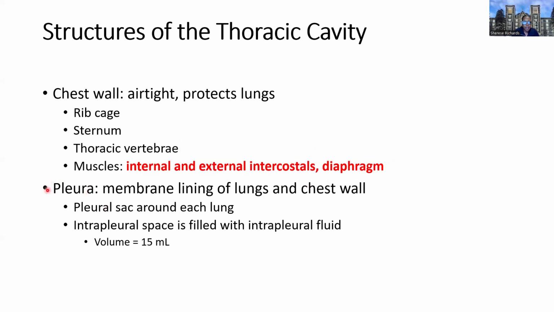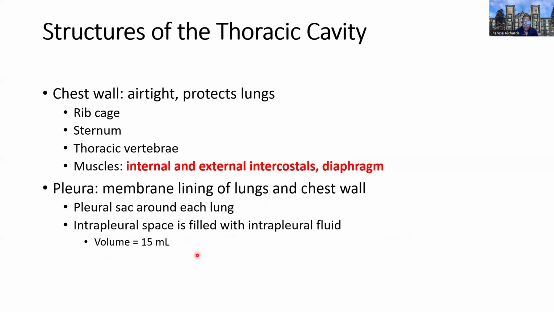All right. Another important structure is the pleura. The pleura is a thin membrane that lines the lungs and the chest wall. It has two layers. One layer that's called the visceral layer is attached to the lungs, and that is continuous with the outer layer called the parietal layer, which is attached to the chest wall. So within those two layers is an intrapleural space, which is filled with a small amount of intrapleural fluid, also called serous fluid, about 50 milliliters of that.